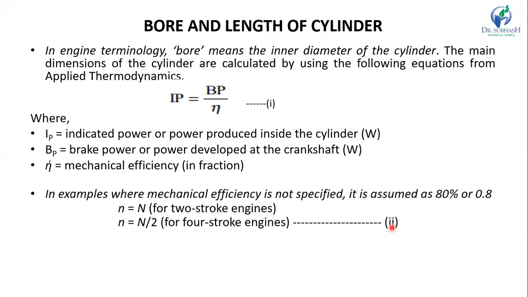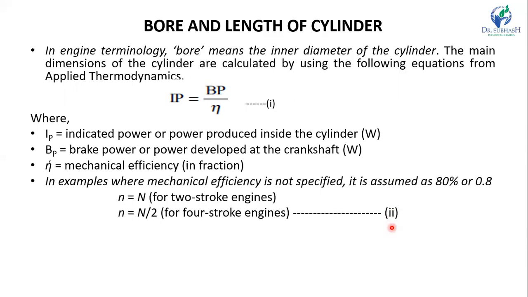Okay, so in an example where the mechanical efficiency is not specified, it is assumed as 80% or 0.8. Here, n is equal to N for a two-stroke engine, and n is equal to N by 2 for a four-stroke engine.